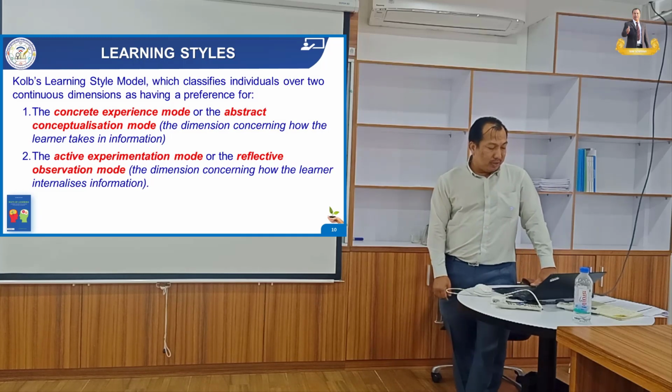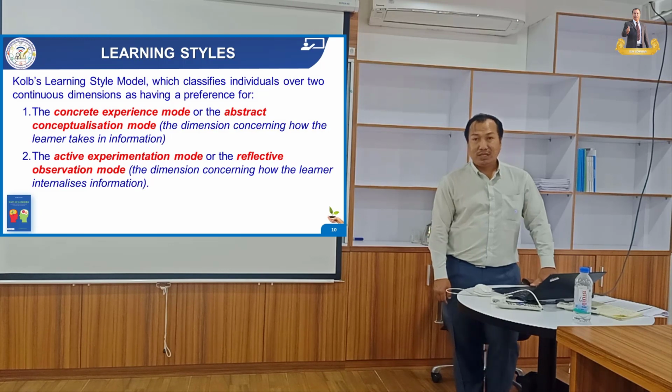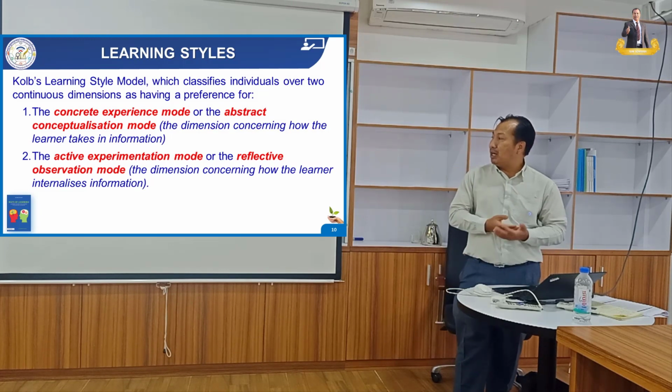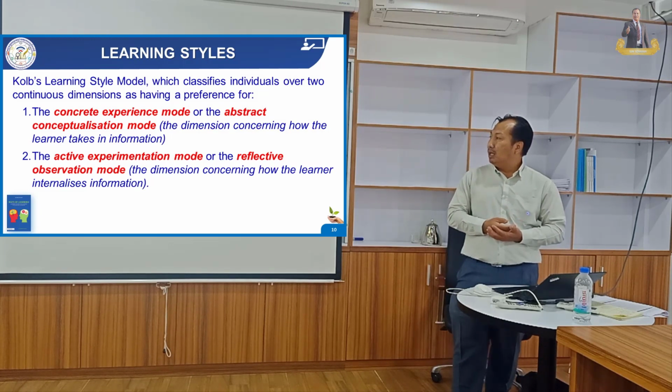And the second one is the active experimentation mode or reflective observation mode, the dimension concerning how the learner internalizes information. We can say they just share, they spread out the information here.